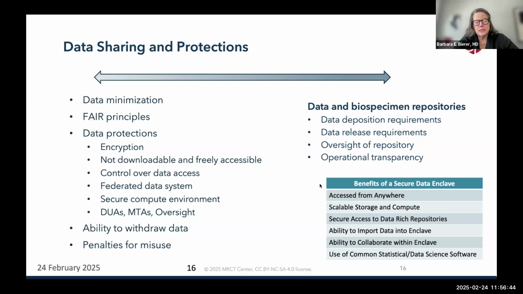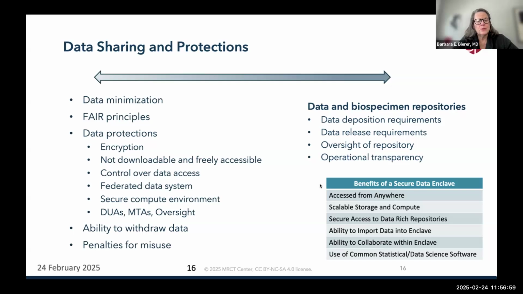Often federated data systems are quite useful, and there should be an available secure compute environment should somebody wish to do something that may be risky for the individuals.